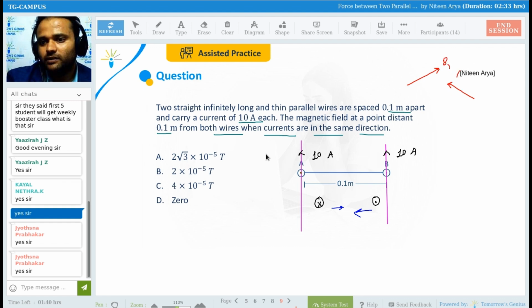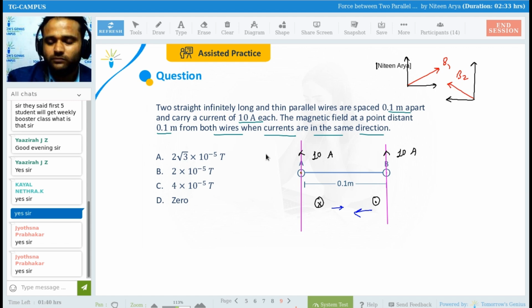This is B1, this is B2. Now B1 and B2 both have this and this, this and this. Wait, one thing I drew wrong. This and this. Now this.